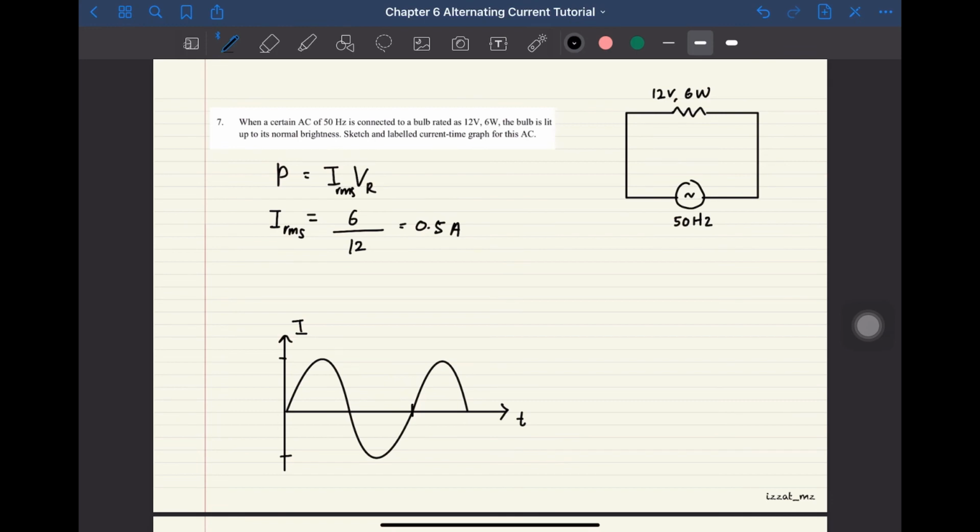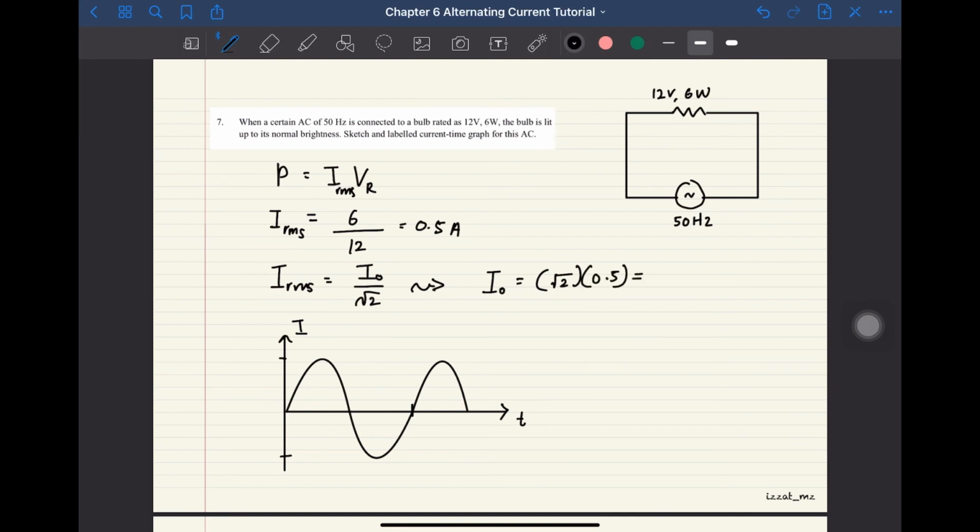But if you want to put inside here, it should be the value of I naught. So you know that IRMS equals I naught over square root of 2. I can rewrite this one where I naught equals square root of 2 multiplied with IRMS, which is 0.5.